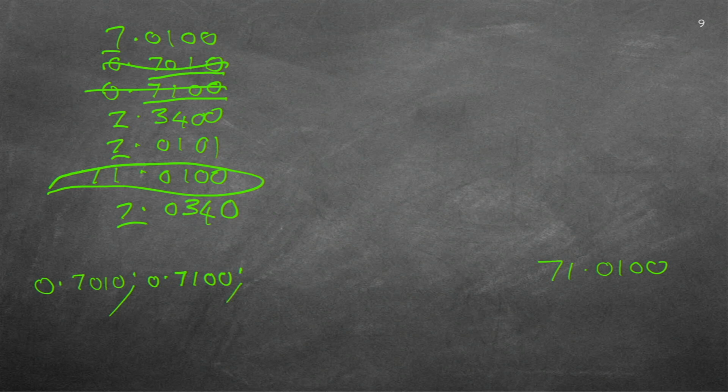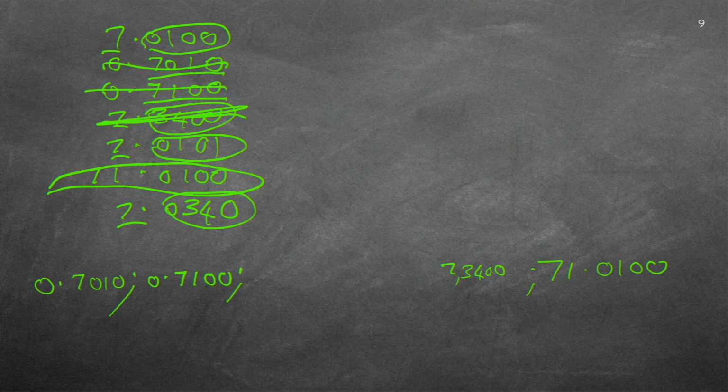Okay, so there's a 7.0100, there's a 7.0101, there's a 7.0340 and a 7.3400. So it's easy to work either backwards or forwards because you can see that 7.3400 is obviously the biggest one. So we're going to have 7.3400 and you're going to scratch that.